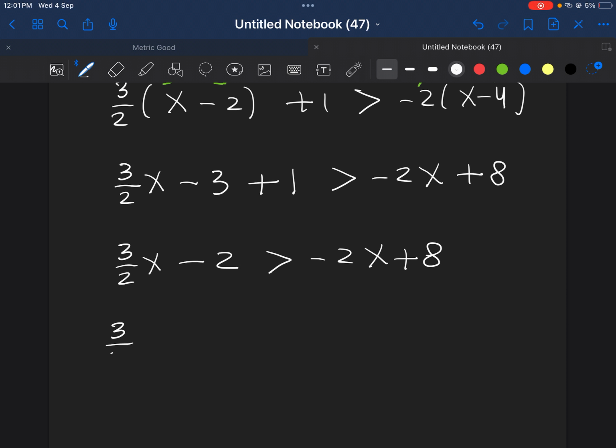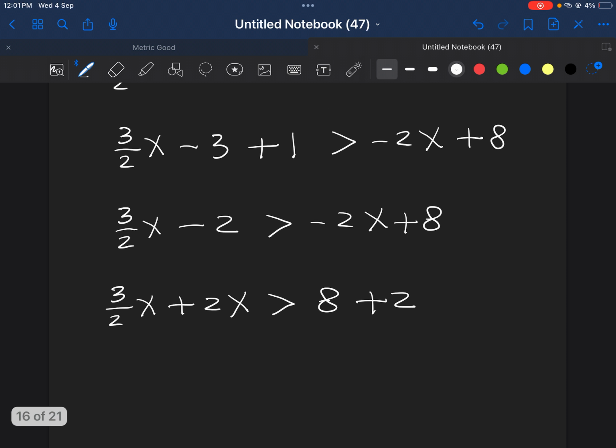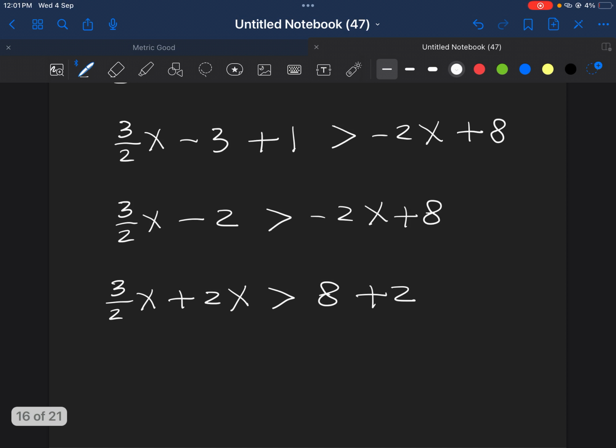So we get 3 over 2 x plus 2x greater than 8 plus 2. Now 3 over 2 plus 2 will give me 7 over 2 x greater than 10. Now all you need to do is, again, divide everything by the number in front of x, which is 7 over 2.